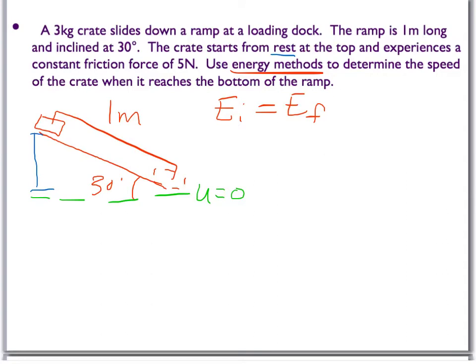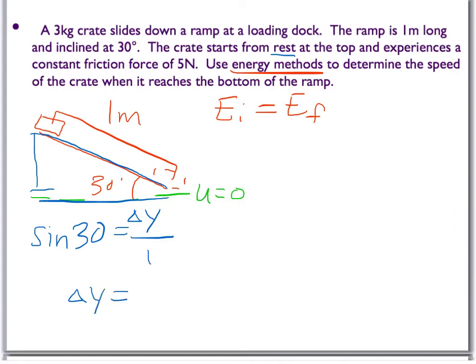Now, as I look at this triangle, if it is a 1 meter long hypotenuse and a 30-degree angle, I could set up a sine function where the sine of 30 degrees equals this y position that I'm looking for, or delta y, the height above ground, over the hypotenuse, and I'd find that this thing starts half a meter above ground.